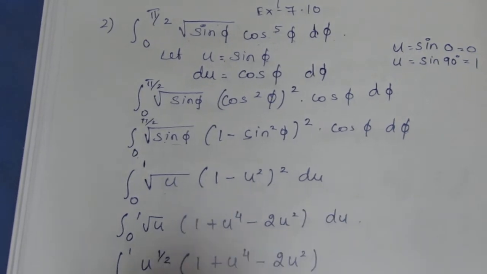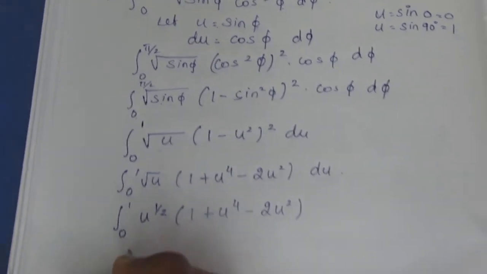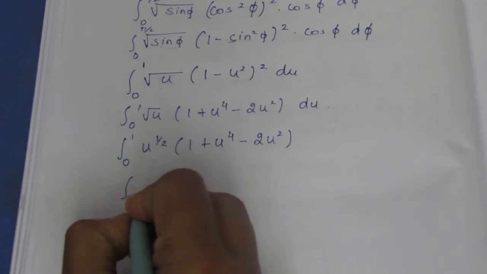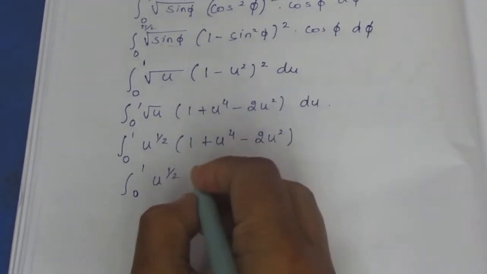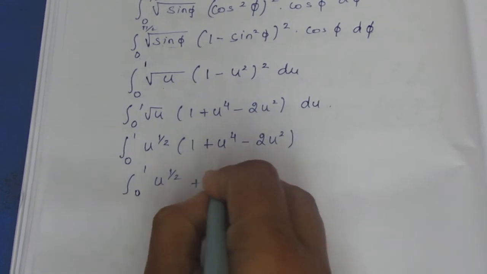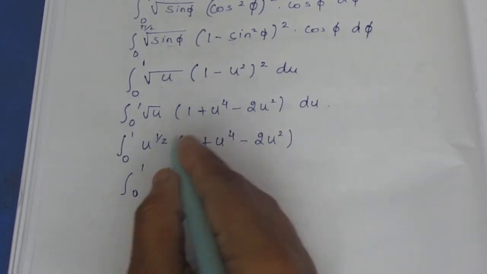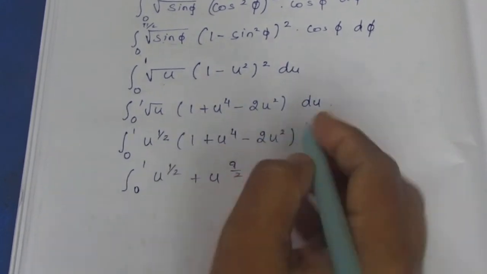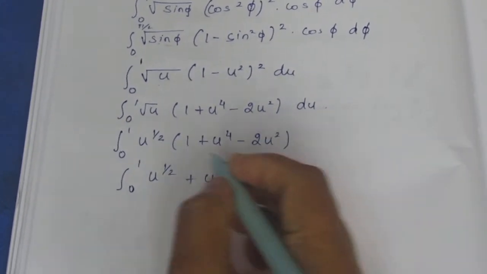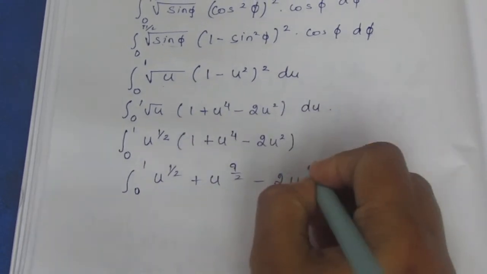If I multiply this inside, it becomes 0 to 1, u power half. Here we need to take the LCM. So 4 twos are 8 plus 1, 9 by 2. Minus, if I multiply this 2 u power, 2 twos are 4 plus 1, 5 by 2.